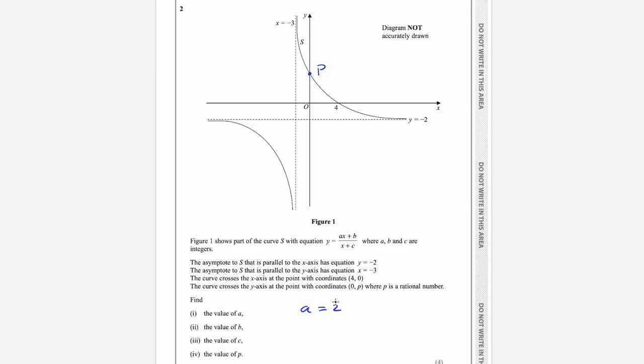So -2 over 1 gives me -2, which I need. Okay, part 2. Let's just go to b. So b is here.